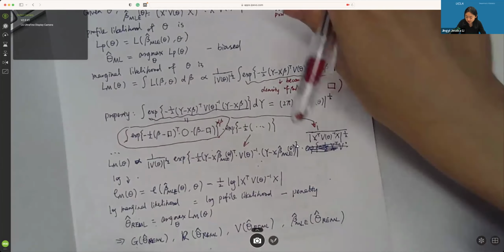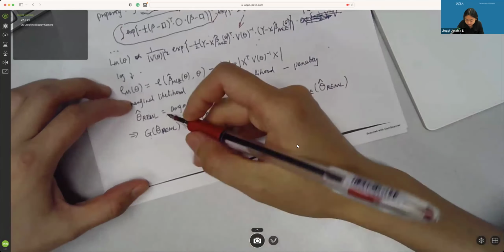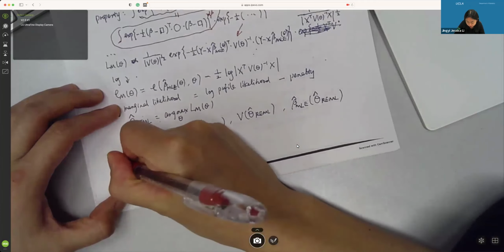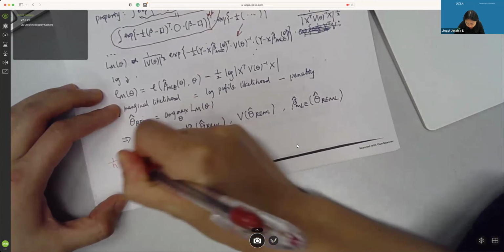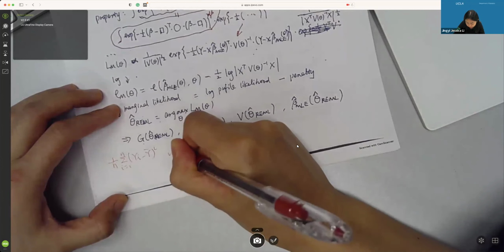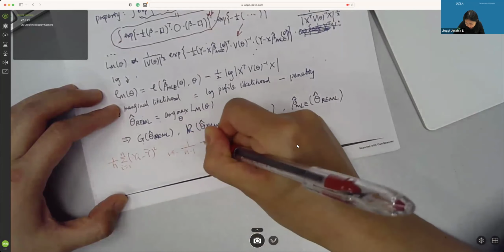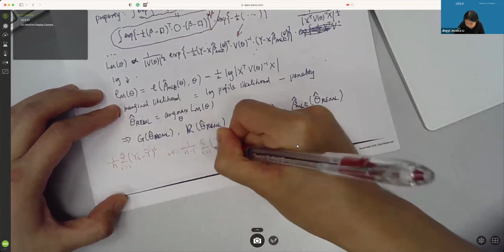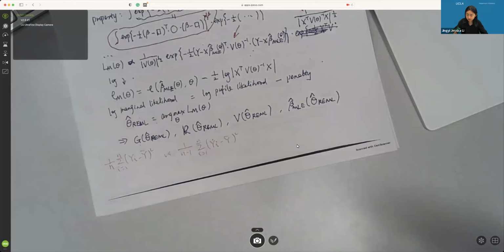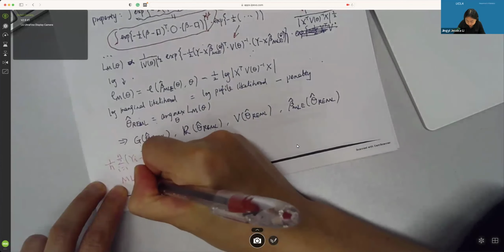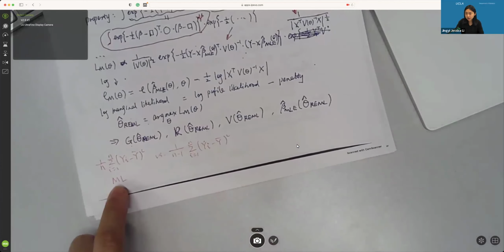So what is the difference? You can think about the difference as when we have just the 1 over n variance estimator versus the 1 over n minus 1 variance estimator. It's very similar. So this is what we know as the ML. This is actually the variance estimator by maximizing the likelihood.